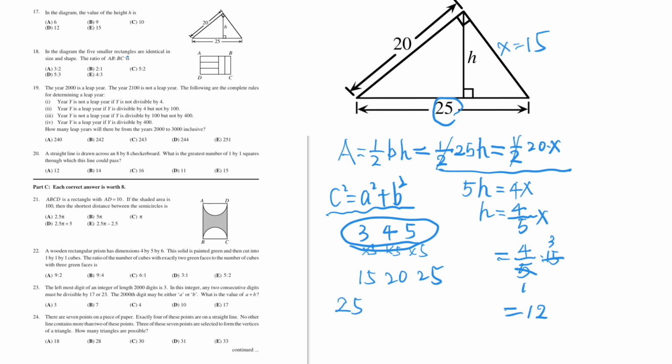That's 25 squared equals 20 squared plus x squared. So that's another way to do this one. We can find the x. So therefore, the answer is 12. That's answer D.